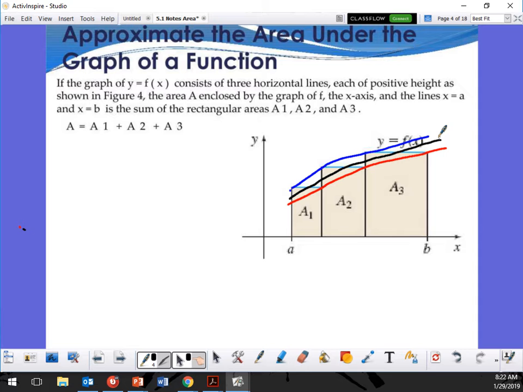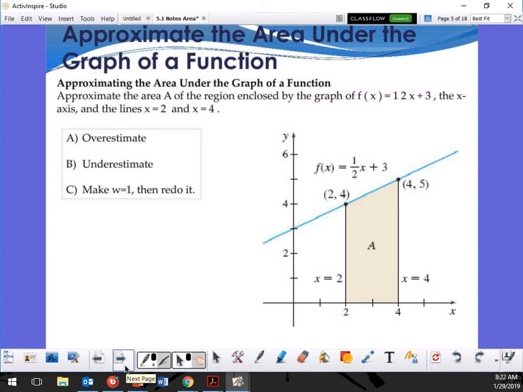The midpoint would be more accurate than left or right, because it gives you a little over and a little under. So these are going to be more accurate than most. All right, so we're going to do an over, we're going to do an under, where W is 1, and redo this.